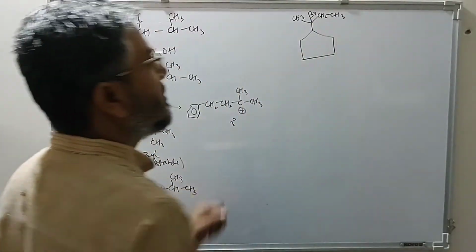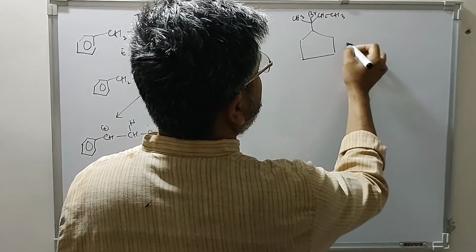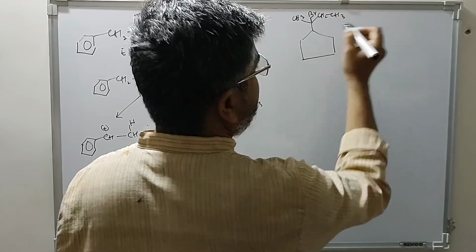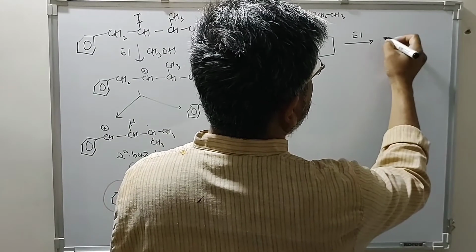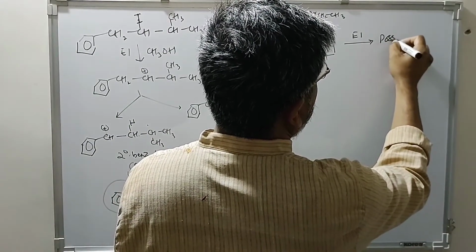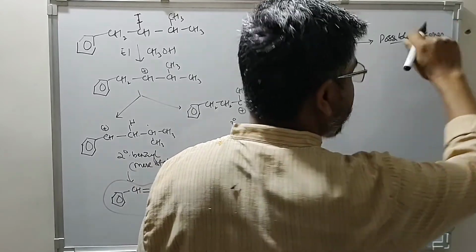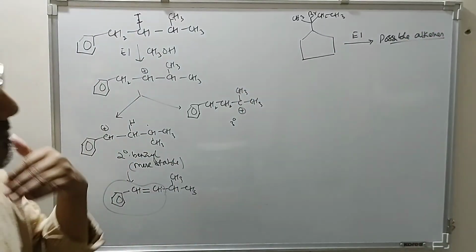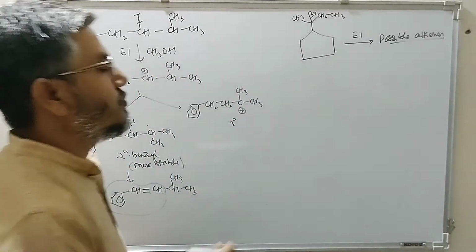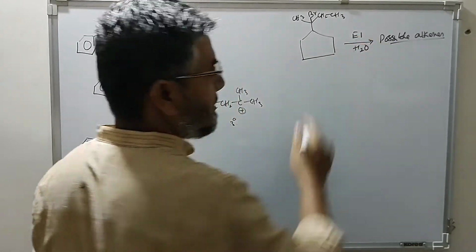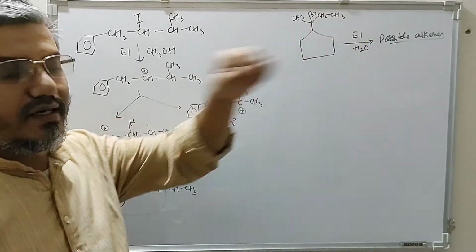This is tertiary alkyl halide. Now this undergoes E1 reaction, elimination unimolecular. How many possible alkenes will form? I'm not asking you what is the major product, but how many possible alkenes will be formed from this, if this is meant to react with water, that is a highly polar protic solvent, in E1 mechanism.